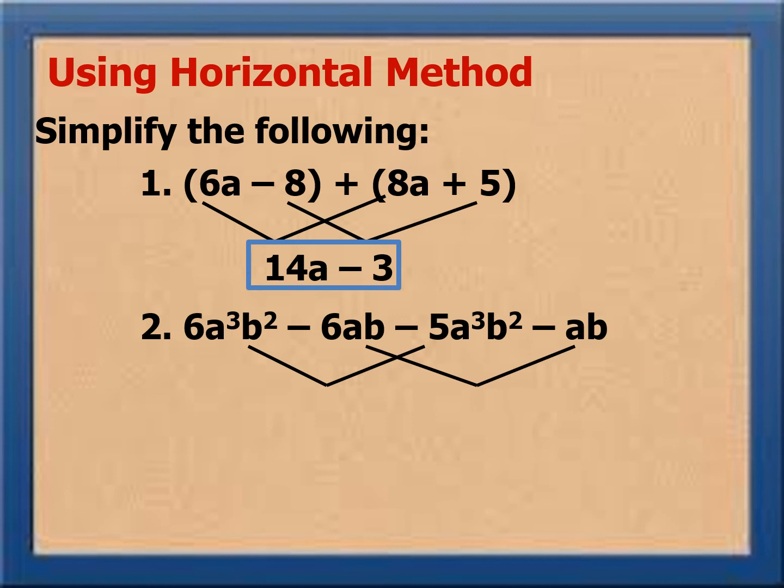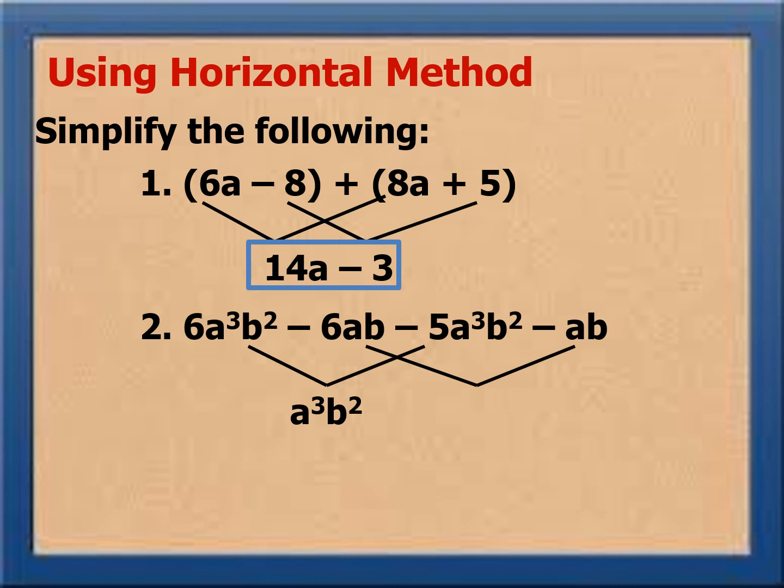Let's perform the operation. 6a cubed b squared minus 5a cubed b squared: we copy a cubed and b squared, then subtract 6 and 5. 6 minus 5 is 1. In mathematics, it is okay not to write 1 in our term, so that is a cubed b squared.